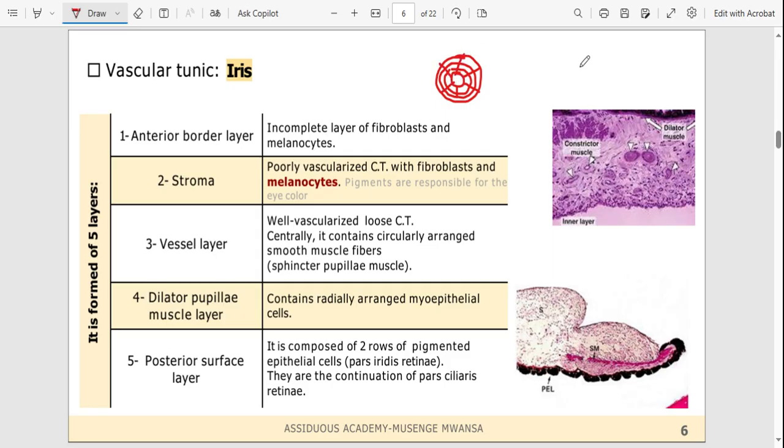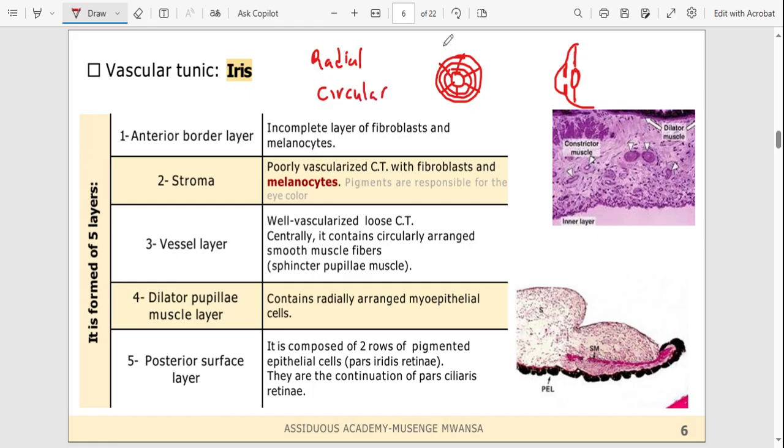If you are looking from the side, the lens is going to be somewhere here, and then it's attached to the zonular fibers. In front, that's where you're going to have this iris like this. You can see a space is still left there. So I've got radial muscles and circular muscles.